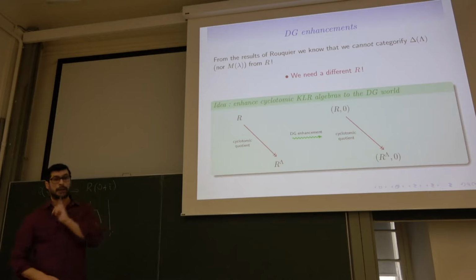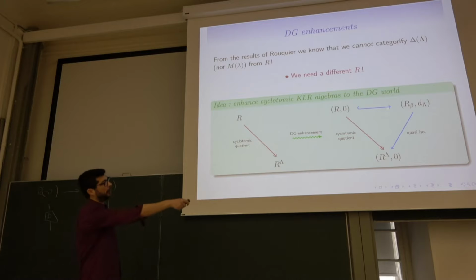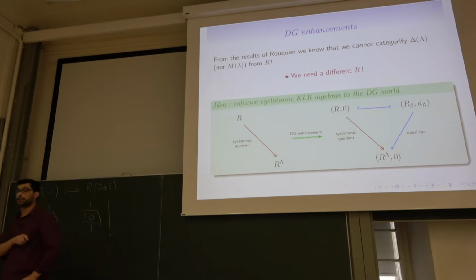Now, the question is to find a bigger algebra with a non-trivial differential, I call it R beta, such that it is quasi-isomorphic to the cyclotomic KLR algebra with zero differential. And it has to contain the KLR algebra as a subalgebra, a sub-DG algebra.